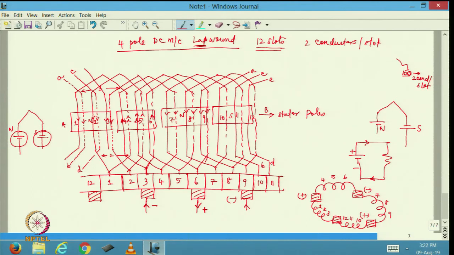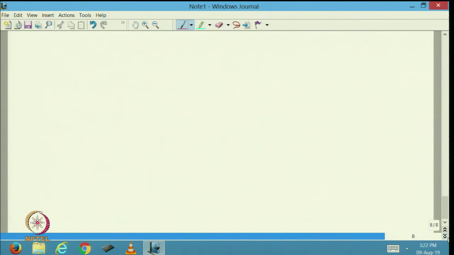So, what is going to happen is, if this is minus and this is minus, these two will be connected together, and similarly this is plus and this is plus, these two will be connected together. This is how they will be connected together. So, just redrawing the whole thing, I should be able to draw it somewhat like this.